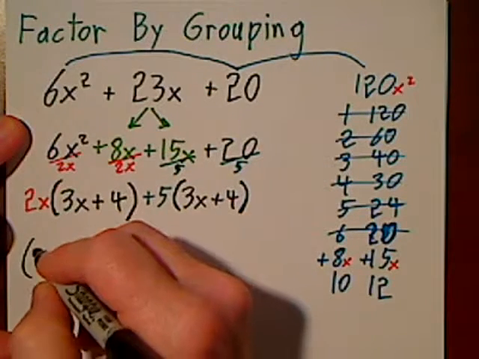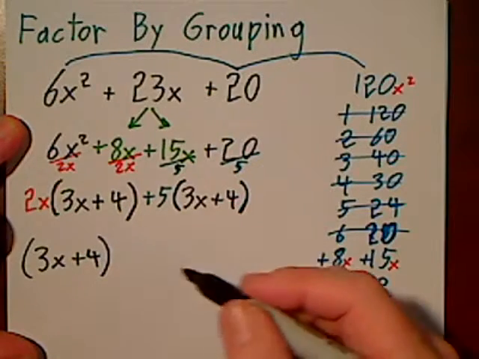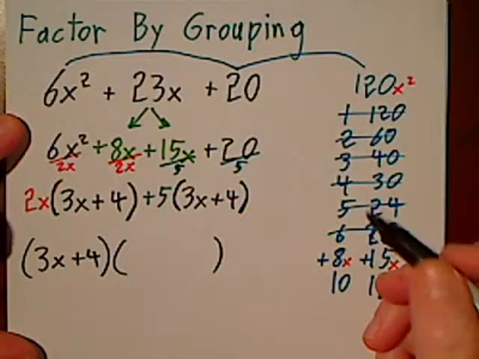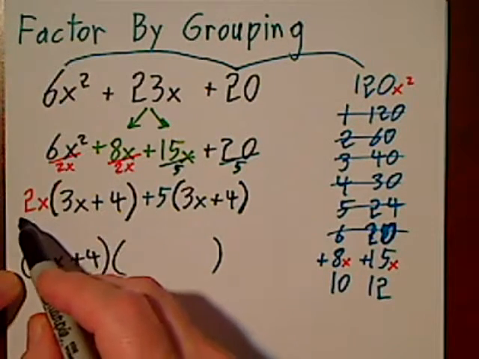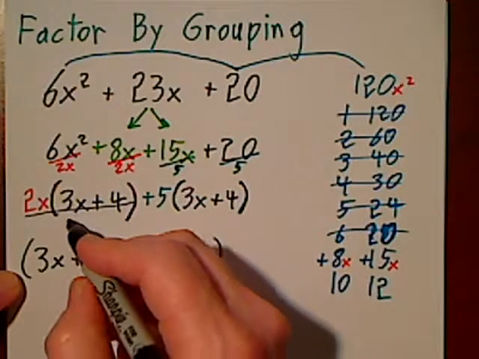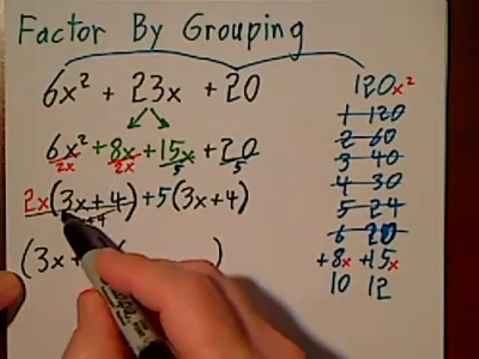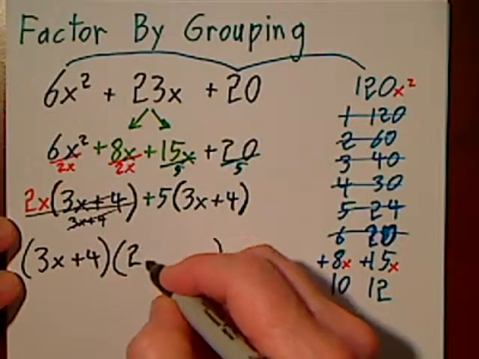So here's 3x plus 4 in front of another set of parentheses. If I factor out 3x plus 4, that really means I'm dividing by 3x plus 4. So that goes into itself, and you're left with 2x.